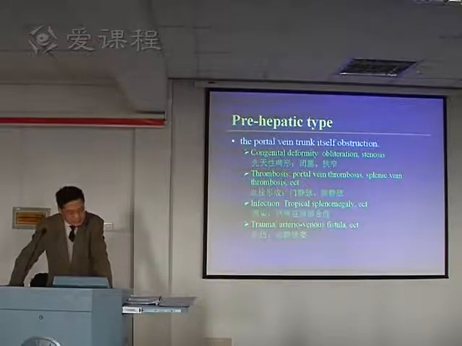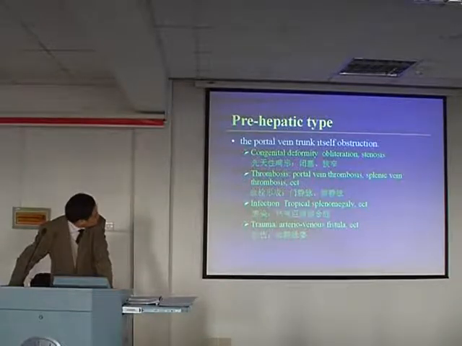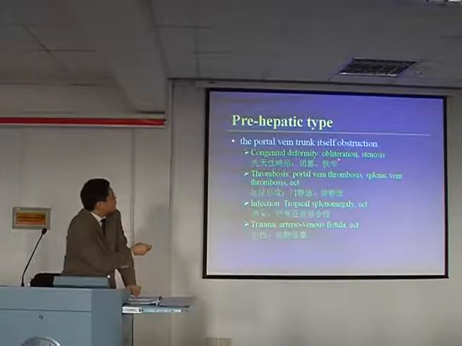Pre-hepatic type: the portal vein trunk itself is obstructed. Congenital deformity, for example, obliteration and stenosis.